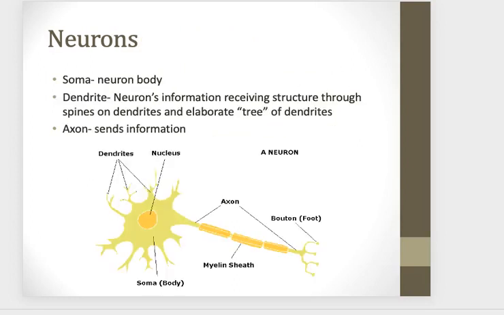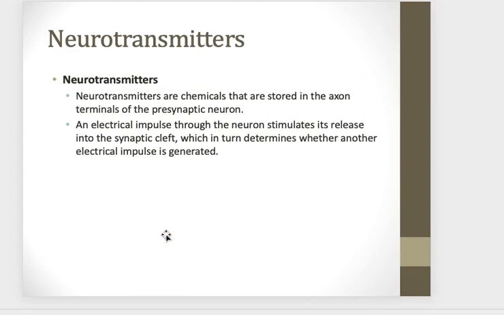So in the picture you see here, the soma is the neuron body, the dendrite is the neuron's information receiving structure through the spines, which you can see right here, and the axon sends information out. Neurotransmitters are the chemicals that are stored in the axon terminals of the presynaptic neuron. An electrical impulse through the neuron stimulates its release into the synaptic cleft, which in turn determines whether another electrical impulse is generated.